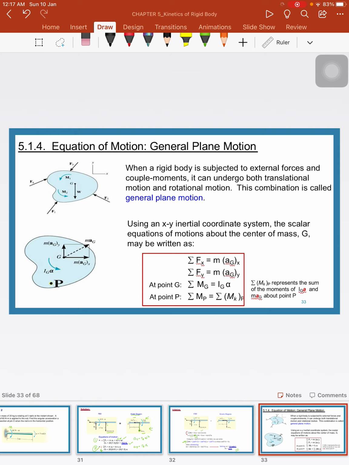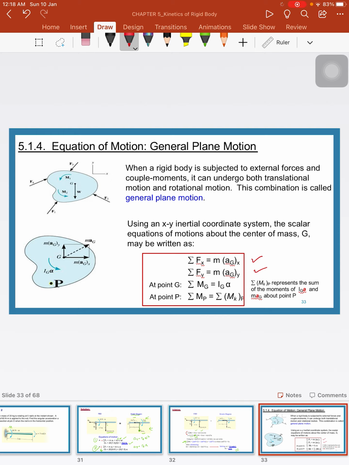Next, using an XY inertial coordinate system, the scalar equation of motion about the center of mass G may be written as summation of Fx equal to m(aG)x, summation of Fy equal to m(aG)y. Next, at point G, summation of moment at G equal to IG alpha.